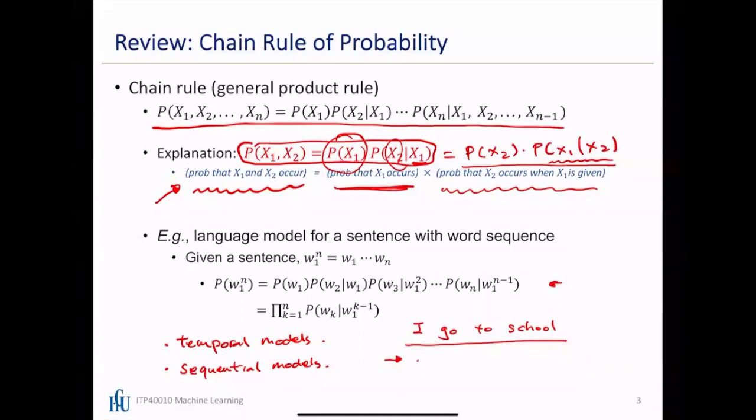Probability of I, probability of go given I, probability of 2 given go and I, and so on. By writing a probabilistic notation like this, you can probabilistically model this sentence. The existence of this sentence can be expressed in terms of probability.